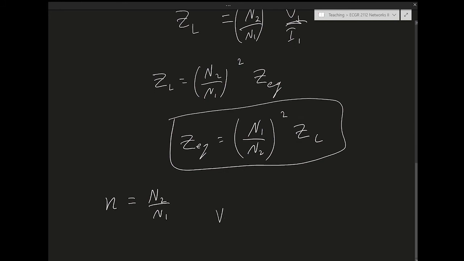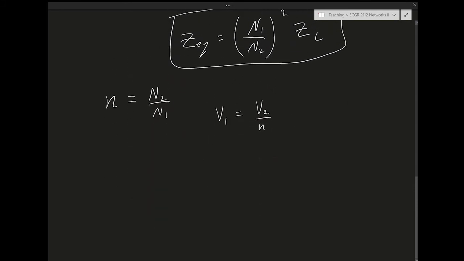Remember, V1 equals N1 over N2 V2, so V1 equals V2 over small n. I1 over I2 equals N2 over N1, which is n, so I1 equals n I2.